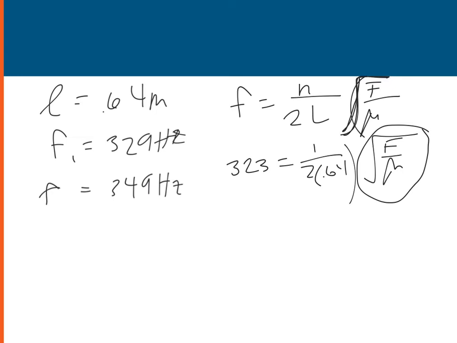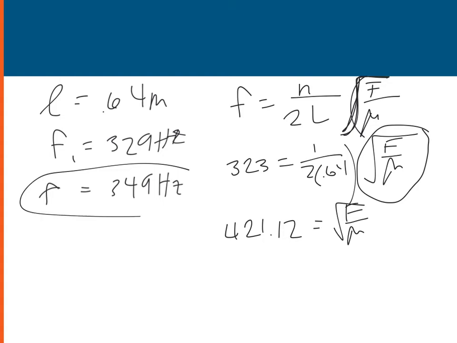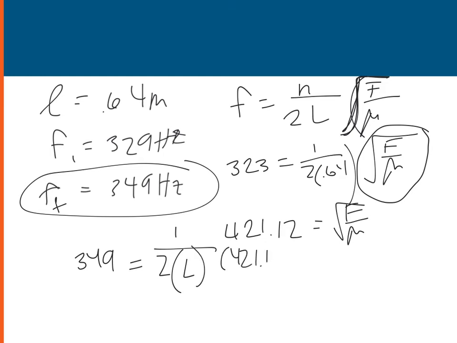So if I multiply by 2 and I multiply by 0.64 to both sides, I end up with 421.12 equal to my square root of F over mu. And then I just keep that and plug in, trying to figure out which frequency this one is. This is the fundamental frequency for F. So this is going to be 349 equals 1 over 2 times the new length times 421.12.